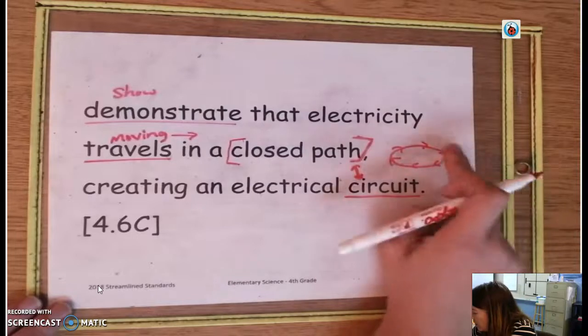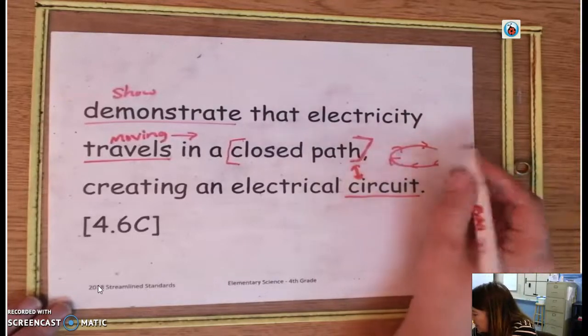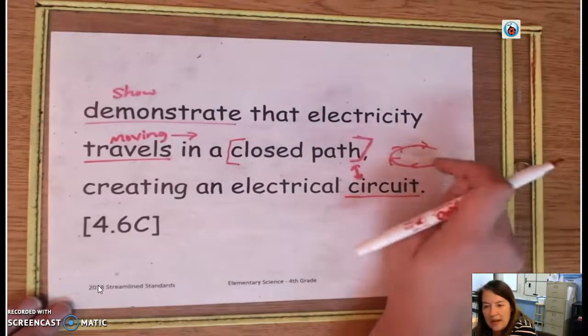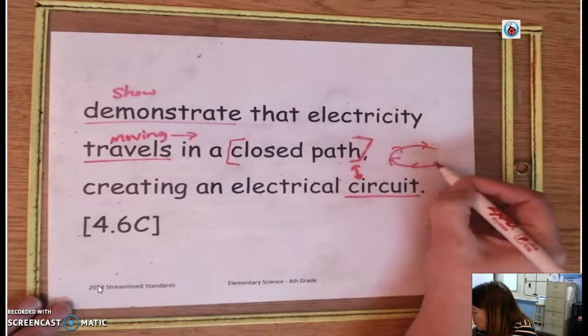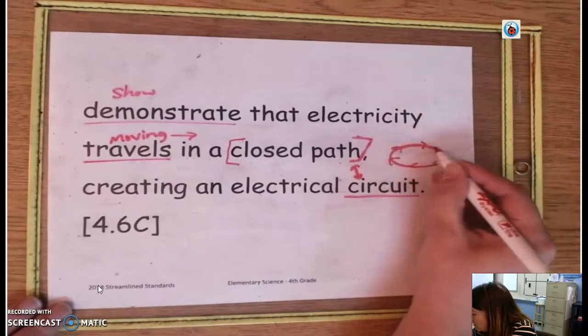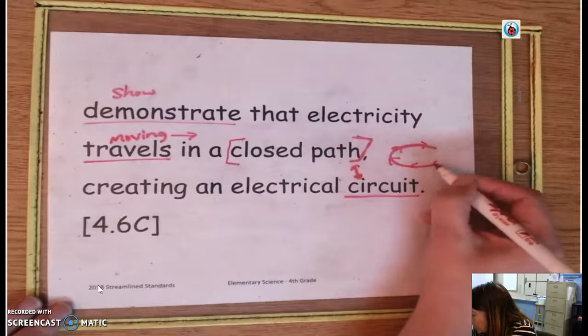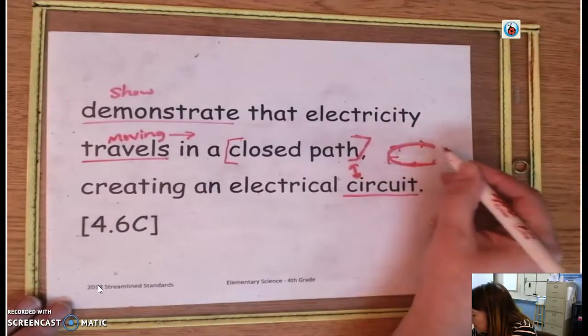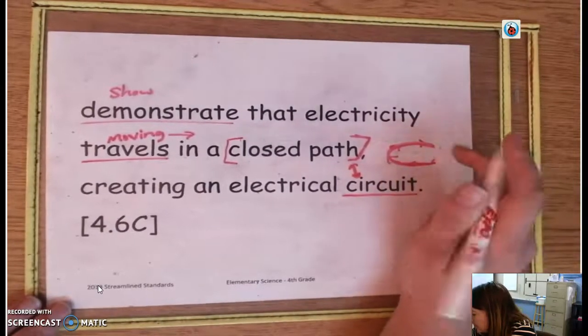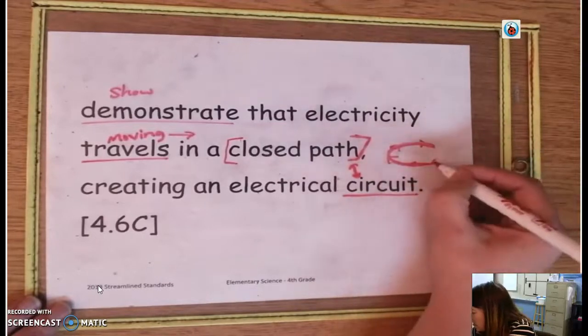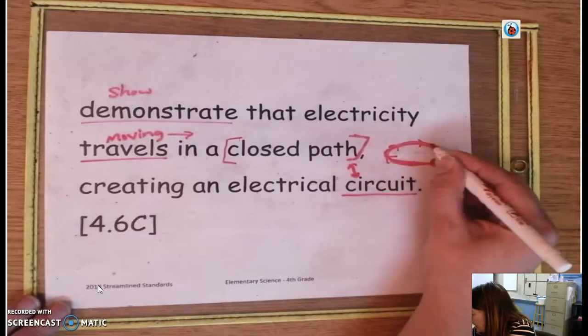Now that's closed. Now if I go like this, look, now it's open and it can't continue anymore. So it could go like this, and then it stops, right? Because it's open, it can't finish, and it's not able to close the path. So this is called an open circuit, where it's not fully connected.